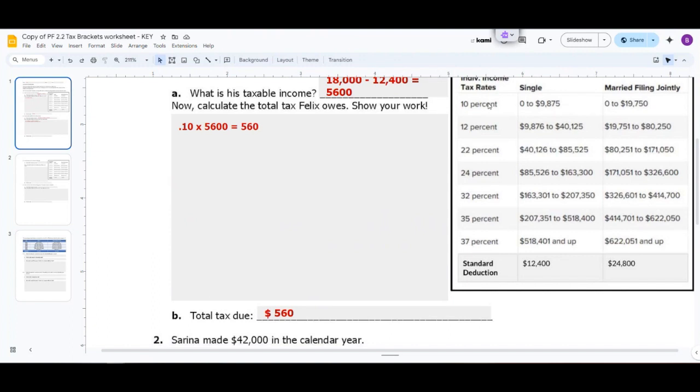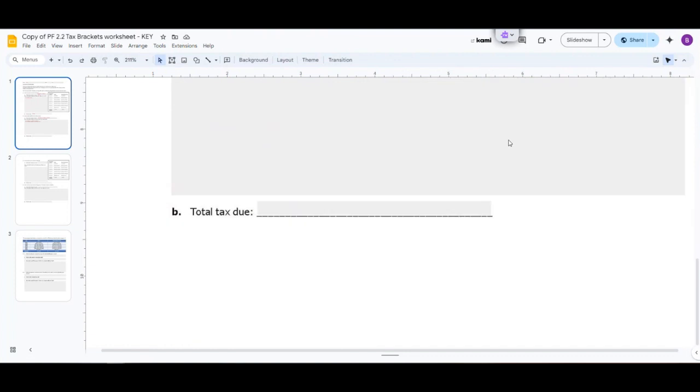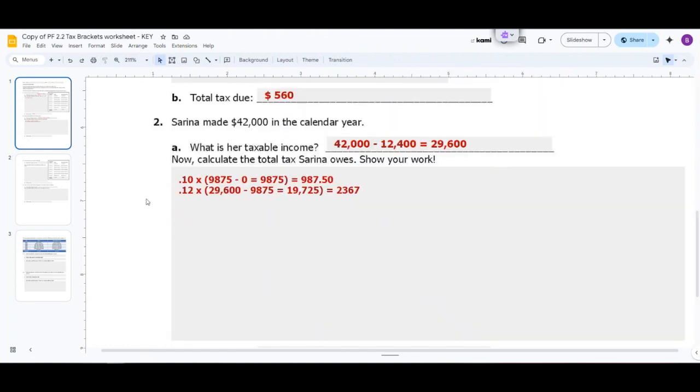All right, so we need to subtract out that $9,875 that went into the 10% so that we can isolate the dollars that are being taxed at 12%. So 29,600 minus the dollars that were already taxed at 9,875 gives us 19,725 in that bracket. All right, 12% of that is 2367.